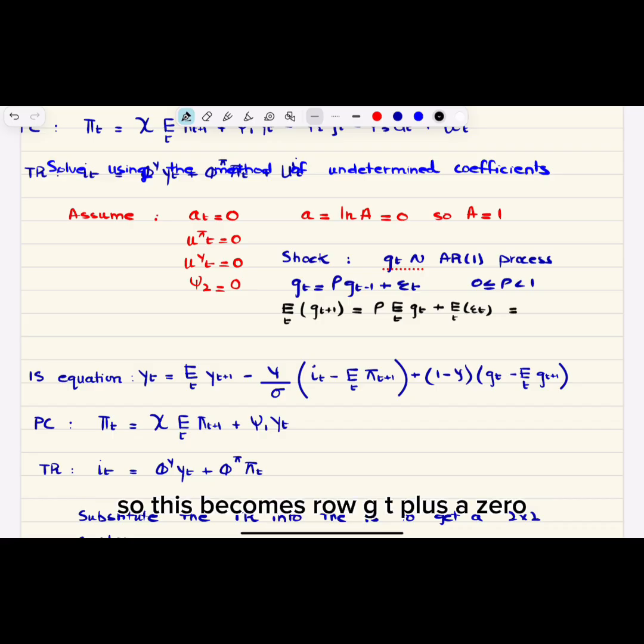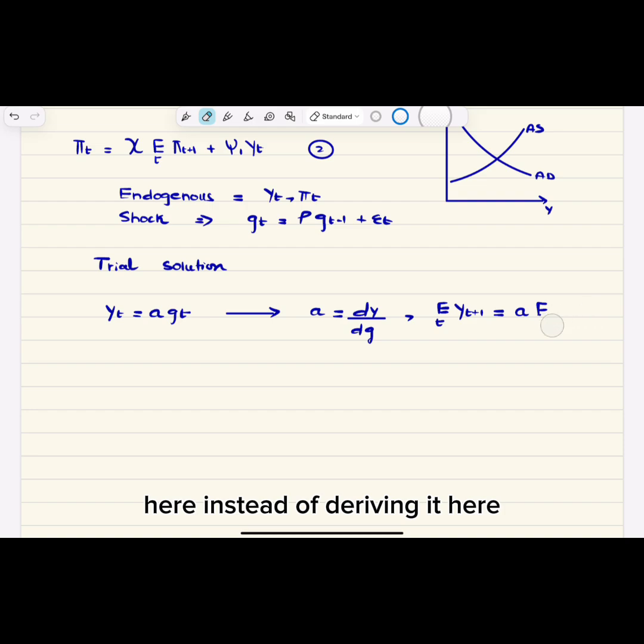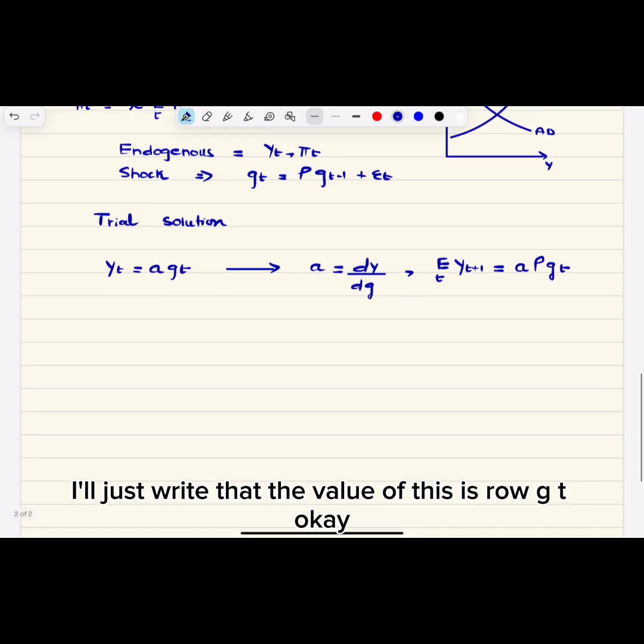So this becomes rho G_t plus 0. Instead of deriving it here, I'll just write that the value of this is rho G_t.